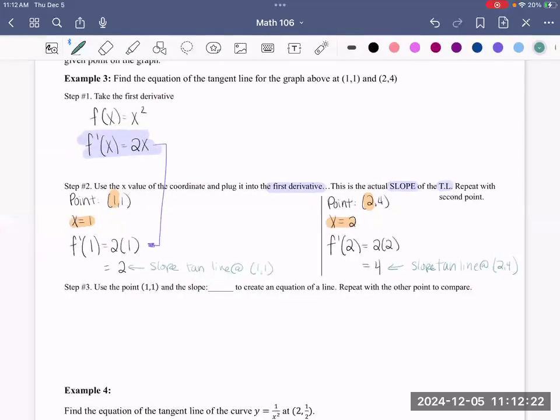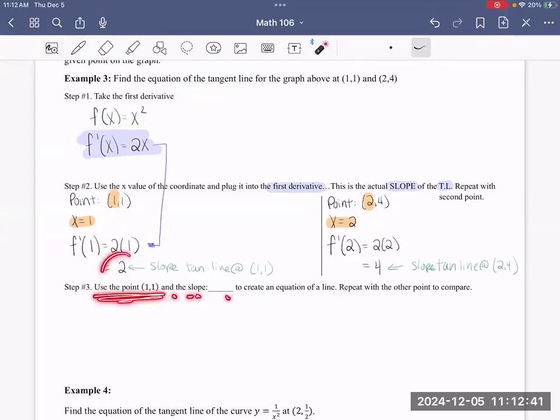So if we're just curious as to what your rate of change is here, or what your slope is of your tangent line at this point, we could finish. Now, if we wanted to go a step further, because it does ask for the equation of a tangent line, it says use your point 1, 1 and the slope.